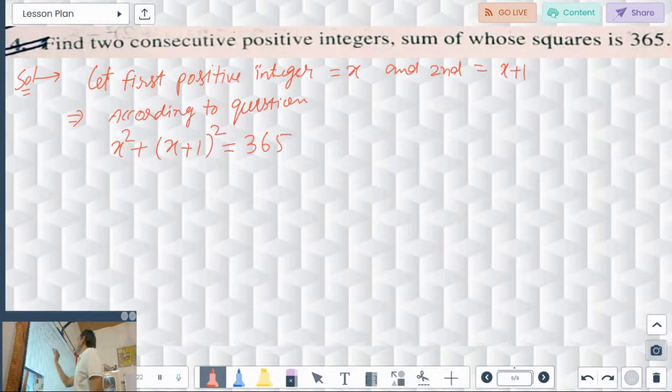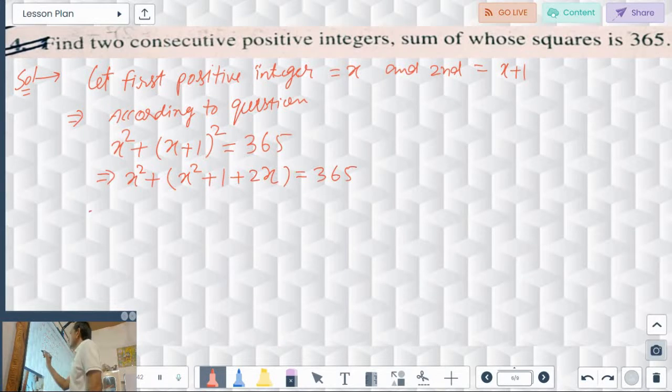Now open the whole square: (a plus b) square, so x square plus 1 plus 2x equal to 365.